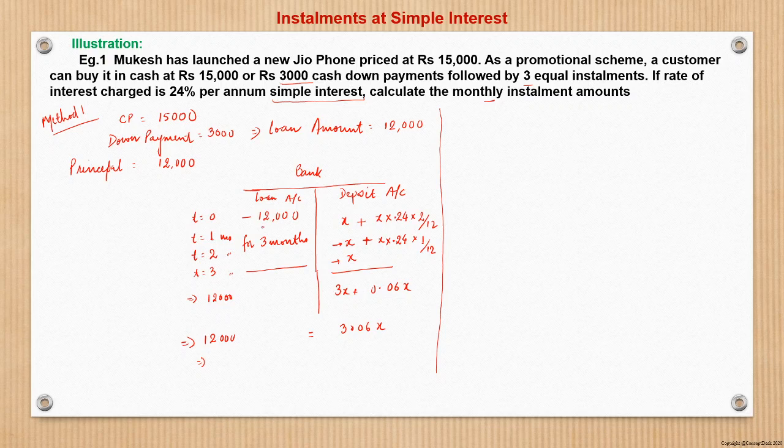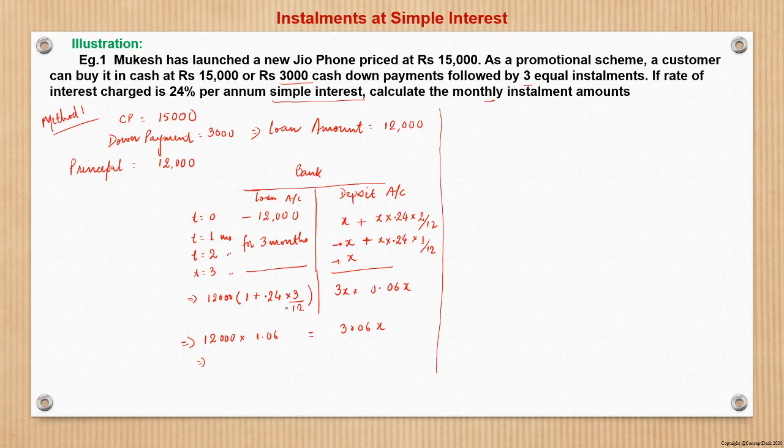So this 12,000 will also grow at a simple interest. So what will be the value? Final amount 12,000 into 1 plus RT, right? R is 24%, that is 0.24, into T is 3 by 12, right? I use the formula P into R into T by 100, that gives the interest, and then add 12,000. So this will be the final amount. So this becomes 12,000 into 1.06.